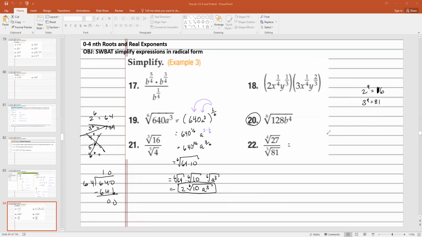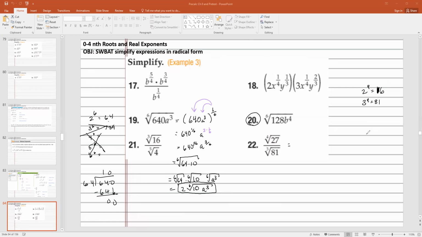All right. Now, I think what they're trying to say is, hey, 27 and 81, you can write them as 3 to the power of something.